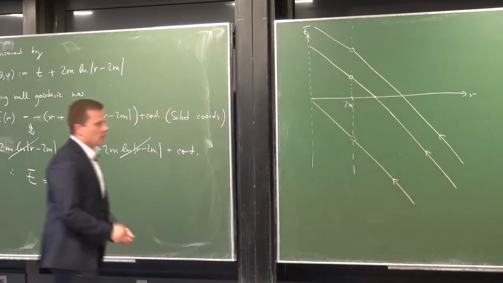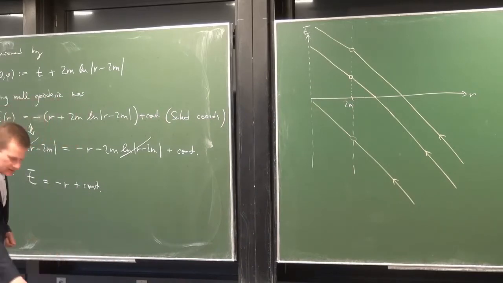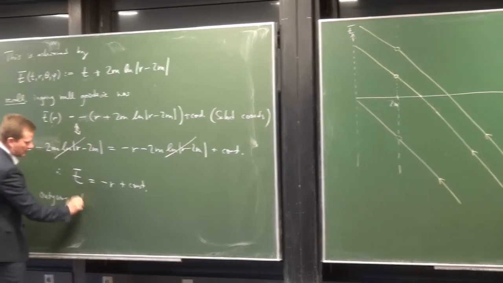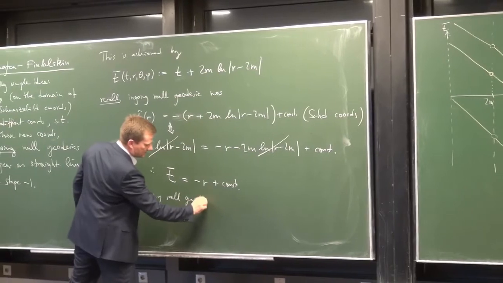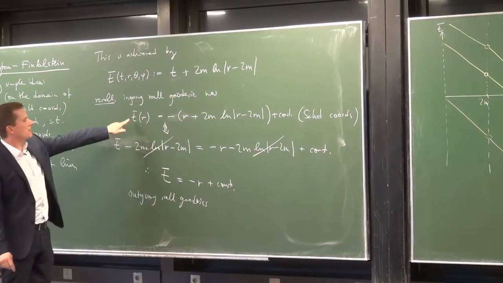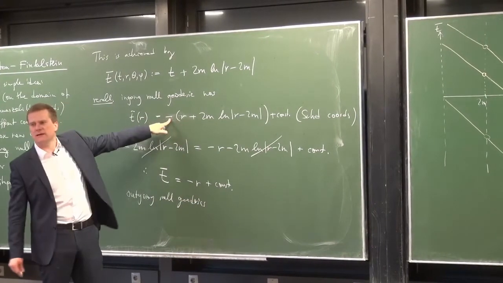Aha. What is it with the outgoing null geodesics? I got them like this, but with a plus sign here.